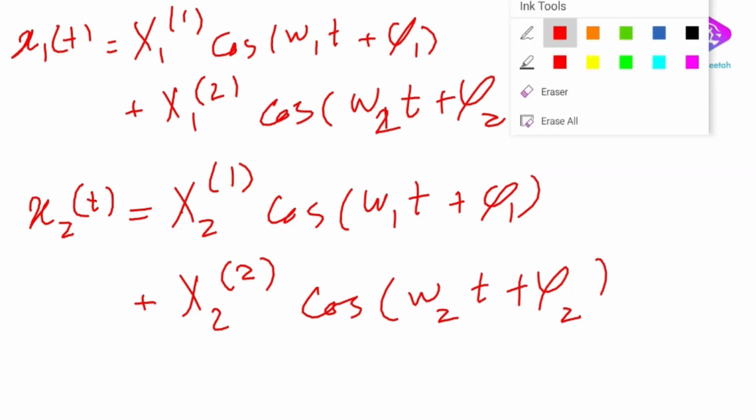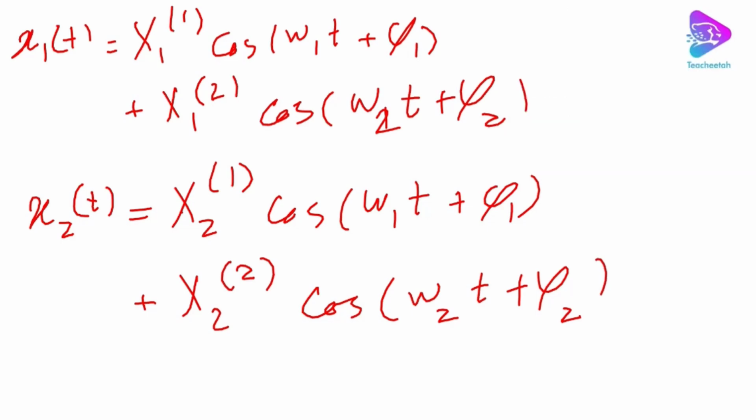Let's review that again. We have x11, omega 1 and phi 1, and x12, omega 2 and phi 2, and that's why you see the combination of two modes appears both in the amplitude and the frequency. For the second mass we have x21, omega 1 and phi 1, plus x22, omega 2 and phi 2.